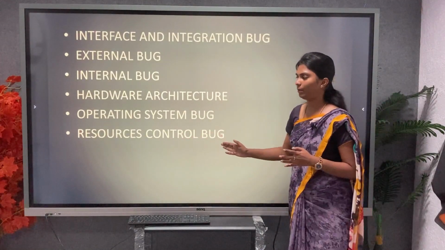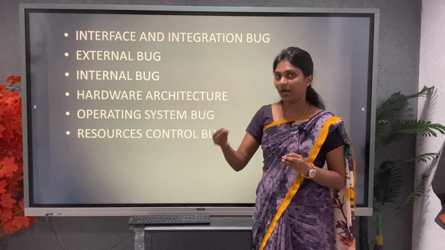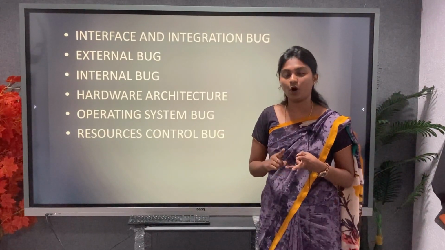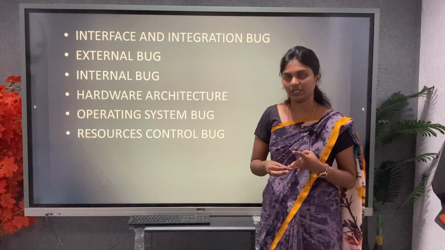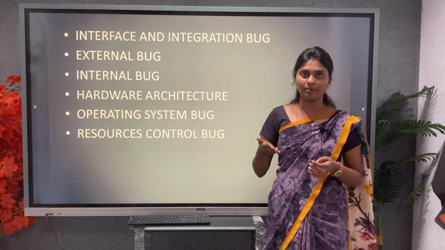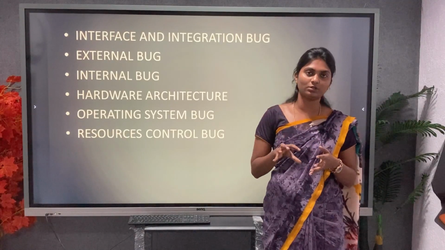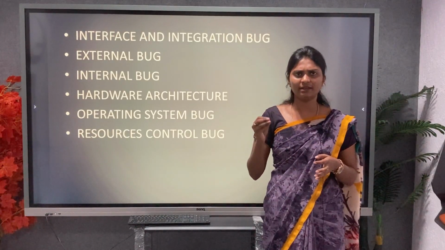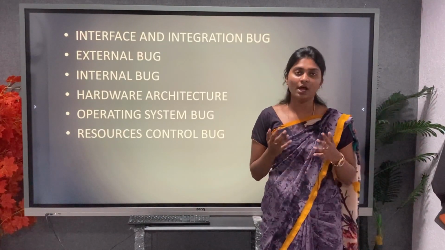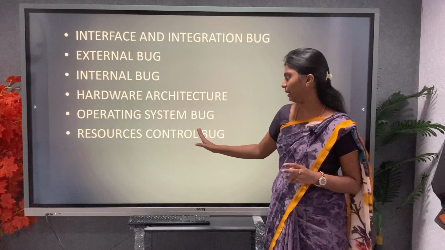Coming to the resource control bug. Resource control bug is nothing but the resources which are given, as in hardware systems. Suppose, what resources are we using? RAM, ROM. What operations are we using? What implementation methods, what hardware requirements are we using? In these hardware requirements or resources, we develop bugs too, because if we do not give a correct value in the hardware, or we are not using updated versions of RAM or ROM or other implementation, we can't define it in the control bug.